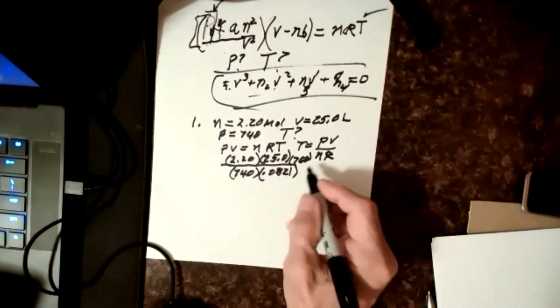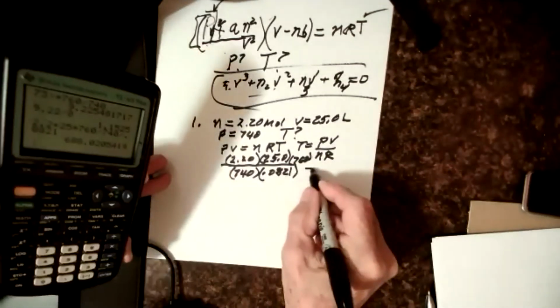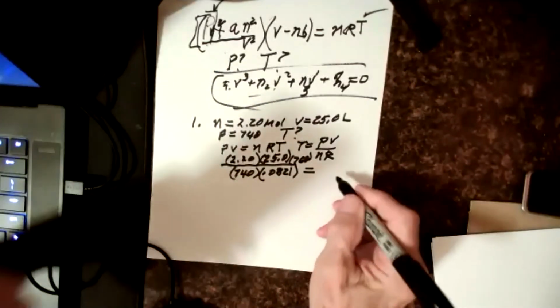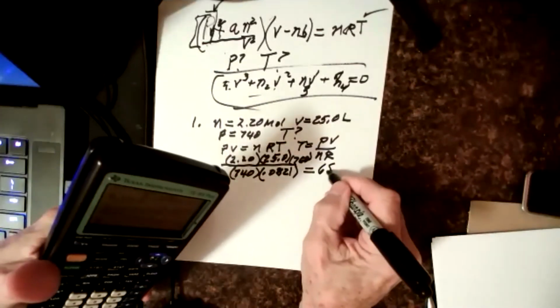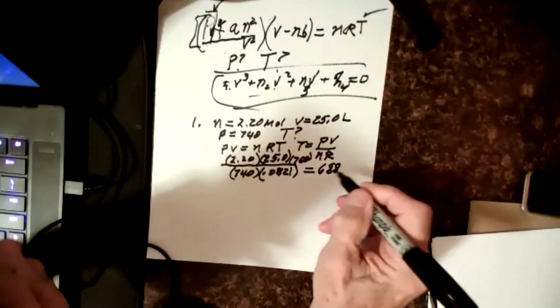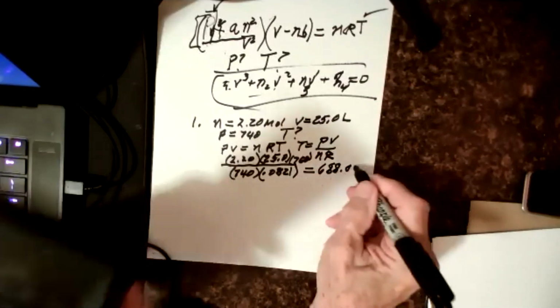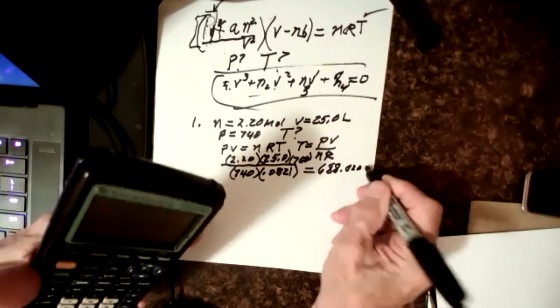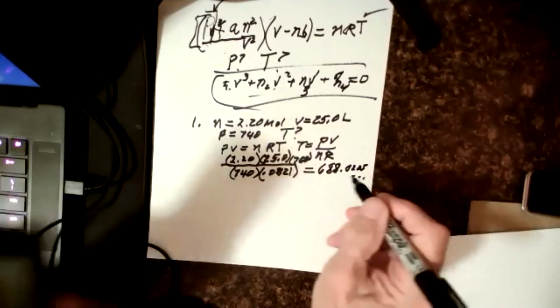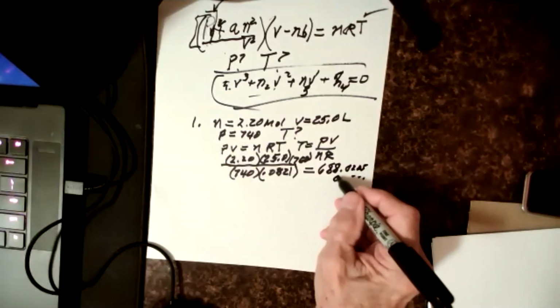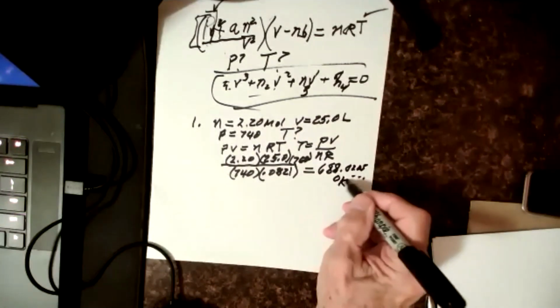It looks like I entered it correctly. So for this answer, I'm getting 688 and 0.0205, a bunch of digits over here. And that'll be degrees Kelvin, or just kelvins.